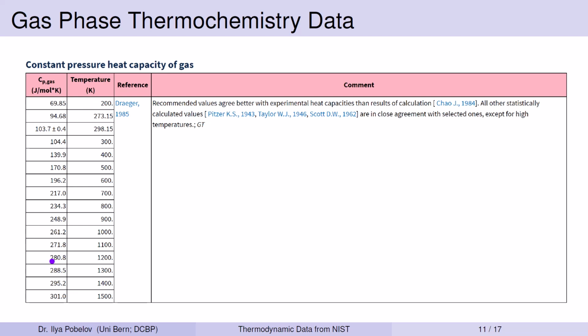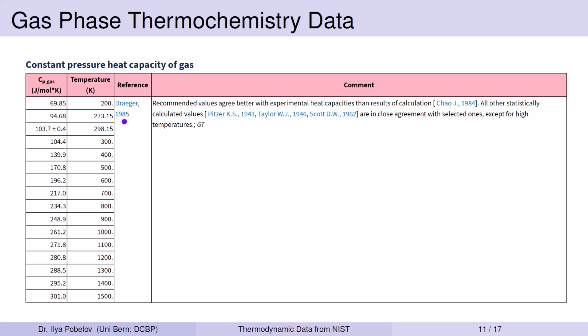These values are measured or calculated at different temperatures and are presented in a tabular form. The heat capacity is listed in joules per mole per Kelvin, while the corresponding temperature is presented in Kelvin.